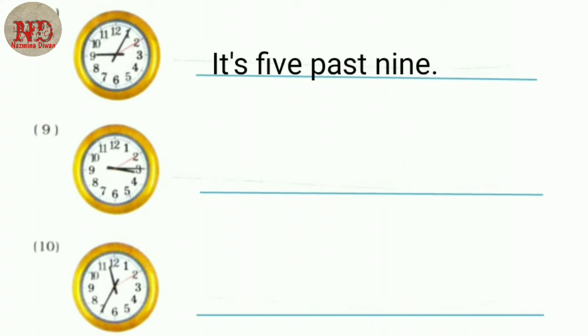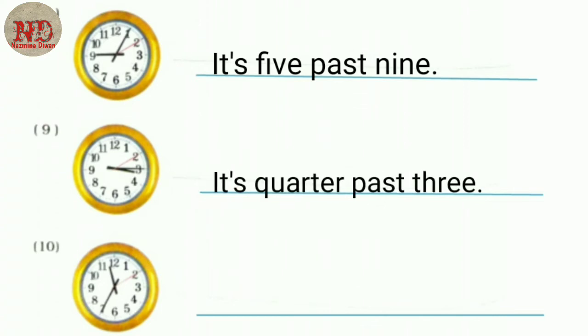Now next, in this clock, a short and a long, both hands are at 3. So what time is it? It's quarter past 3. Okay students, 3 means quarter. So we have to write here quarter past 3. Now next, in this clock, a short hand is between 11 and 12 and a long hand is at 7.